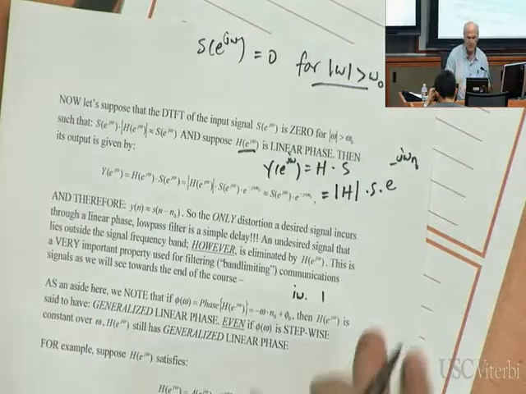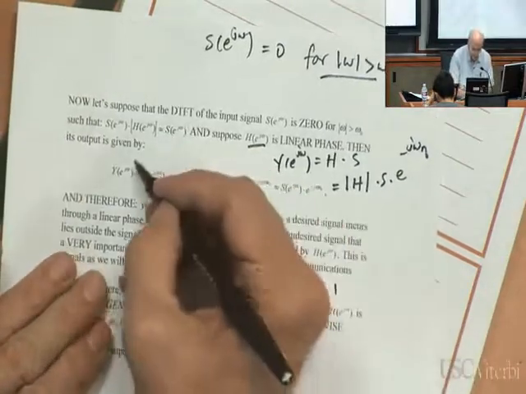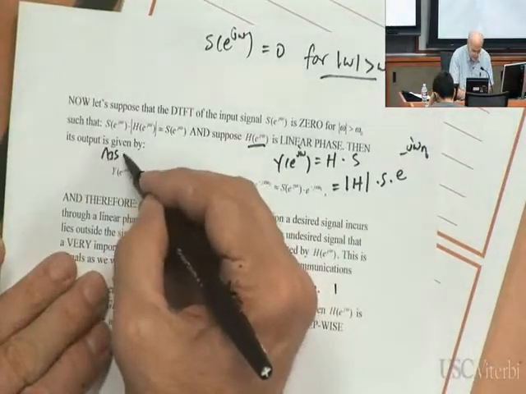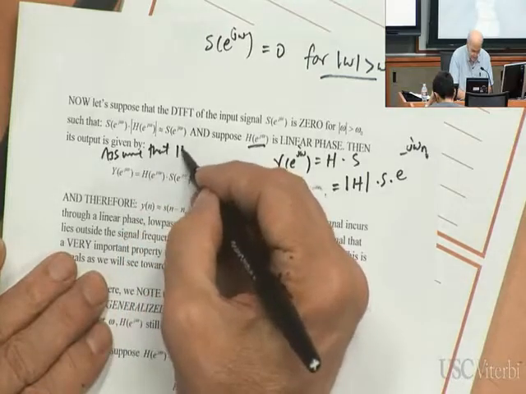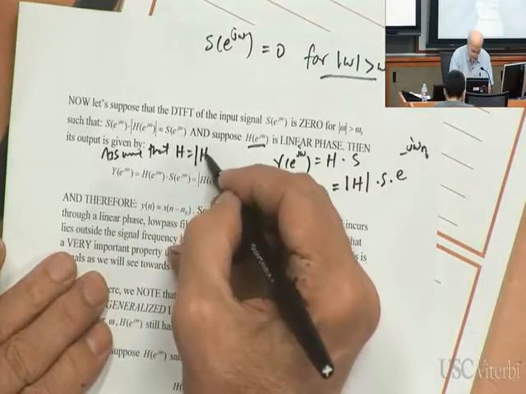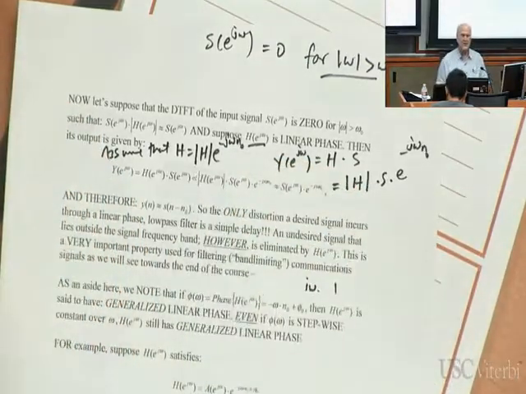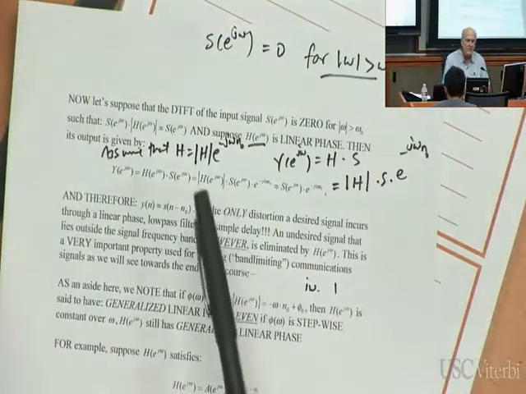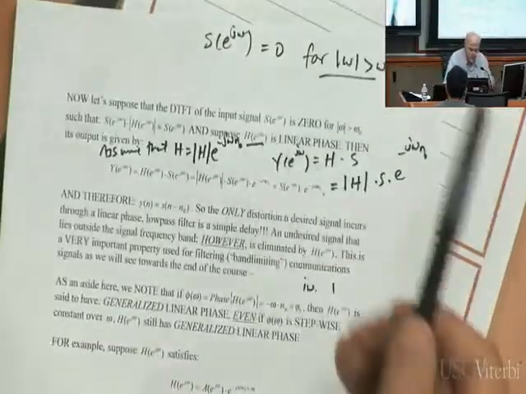Where did that all come from? Because I assume that H is equal to the magnitude of H times e to the minus j omega n naught. In other words, H is a linear phase filter. What is the magnitude response? It's that low-pass filter response.